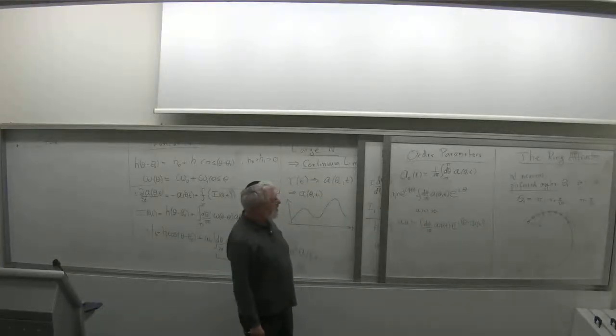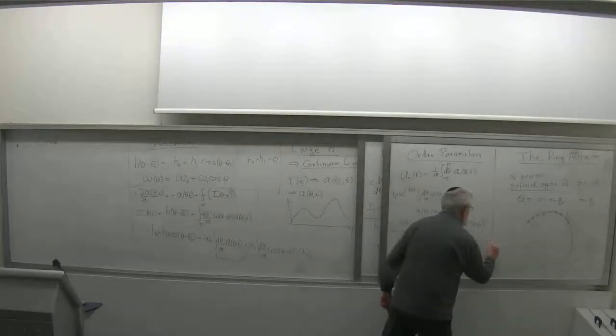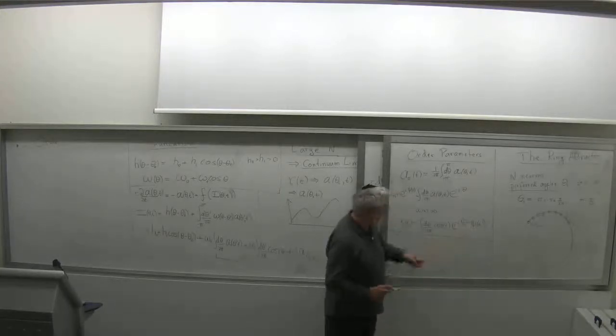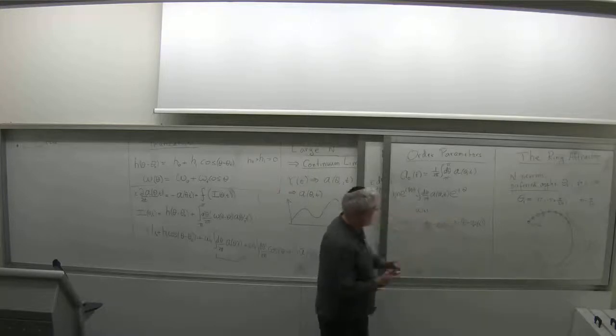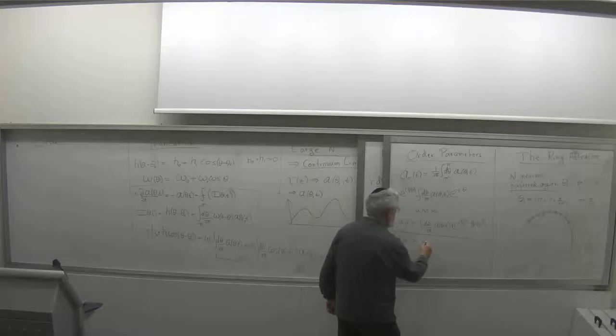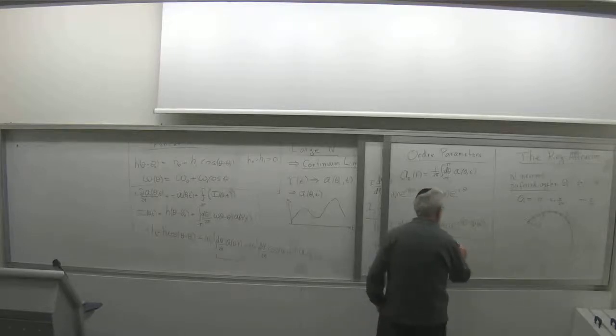And now I can write down what A1 is and what psi of t is. Why can I write it? Because A1 has to be real by definition. So then A1 is just the cosine. I can write A1 of t to be the integral d theta over 2 pi of A of theta and t times cosine of theta minus psi of t.